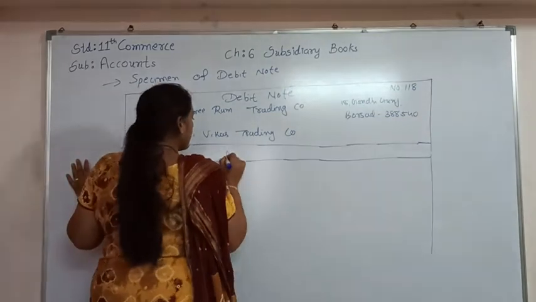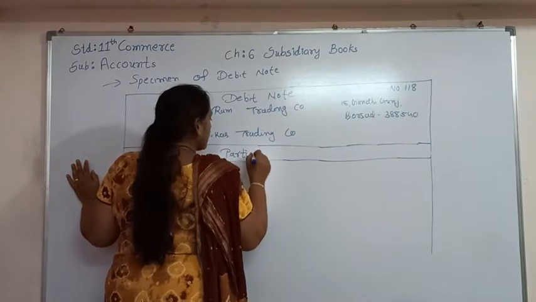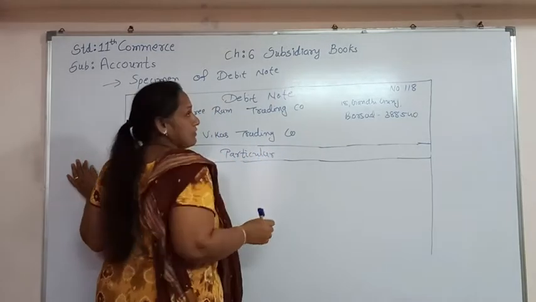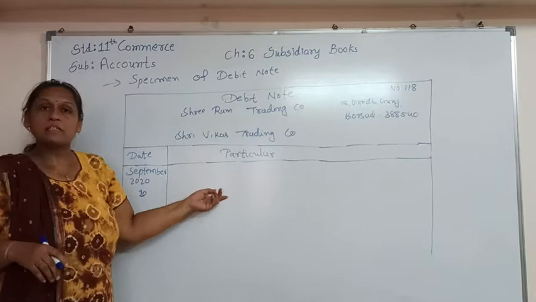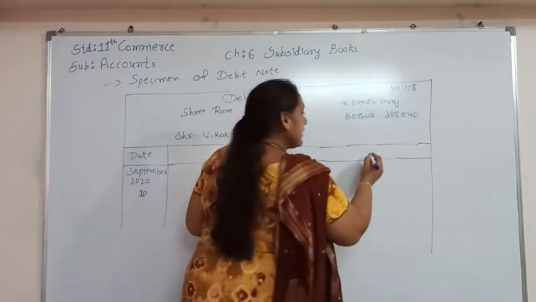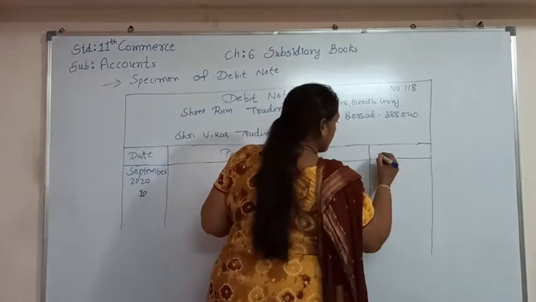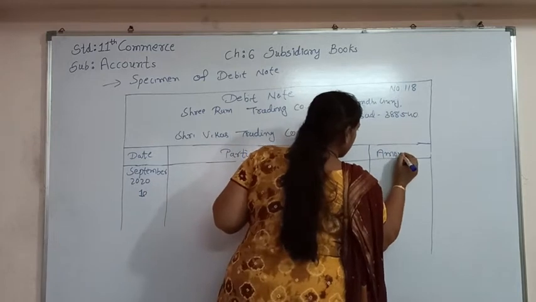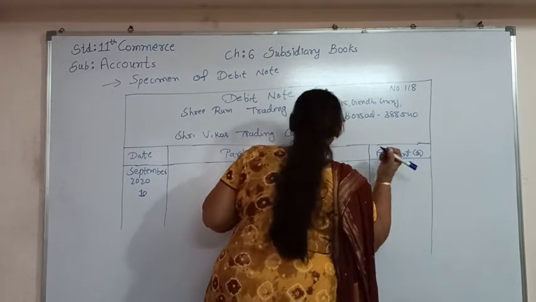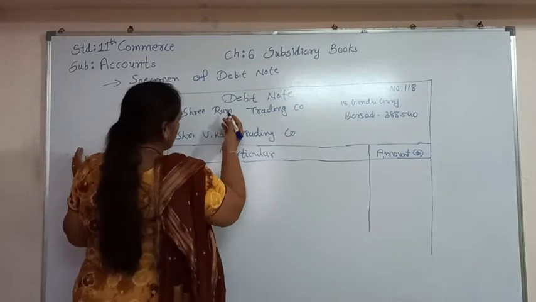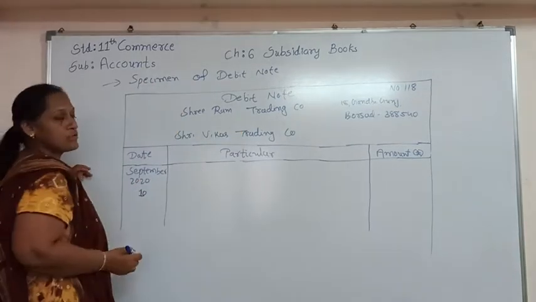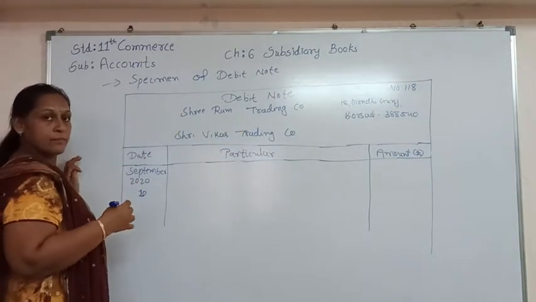And here the particulars, meaning the name of the goods and why the goods are returned, and here the amount in rupees.